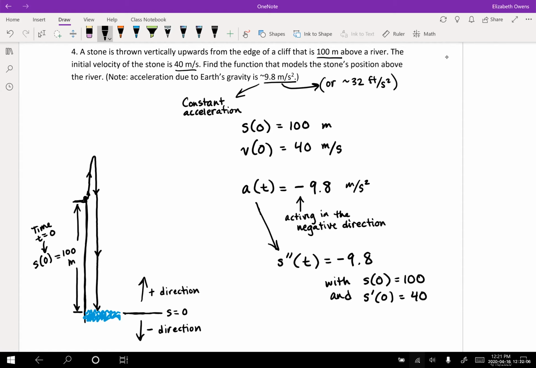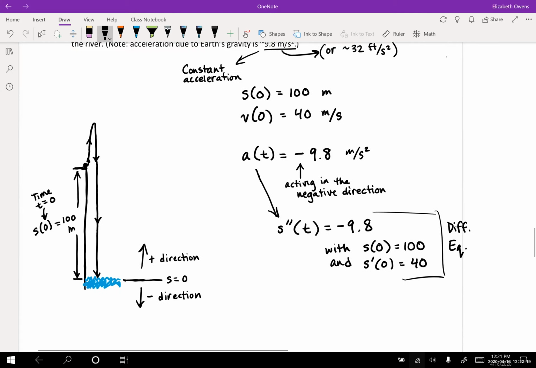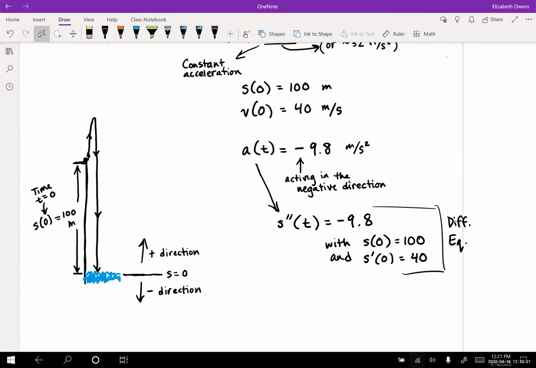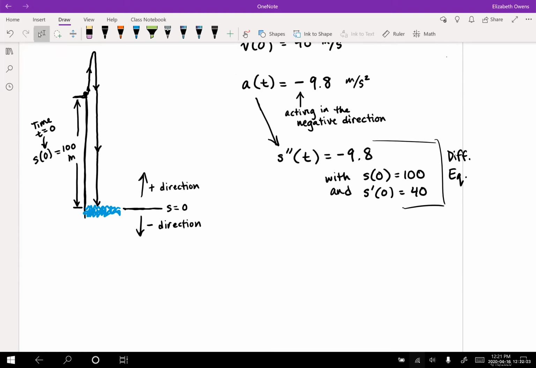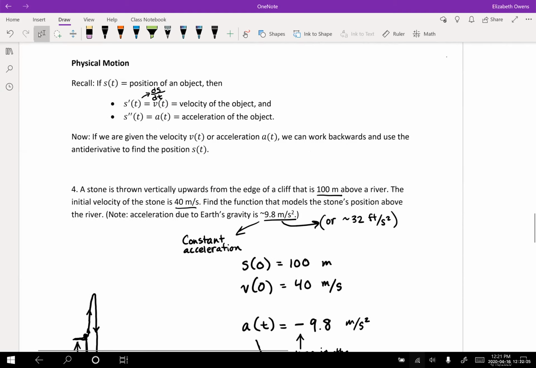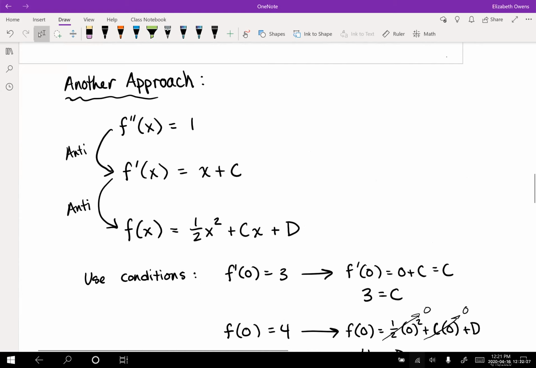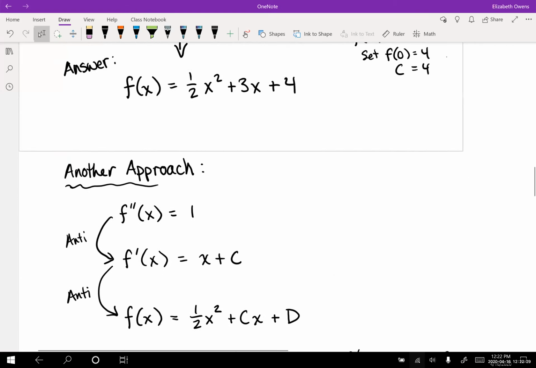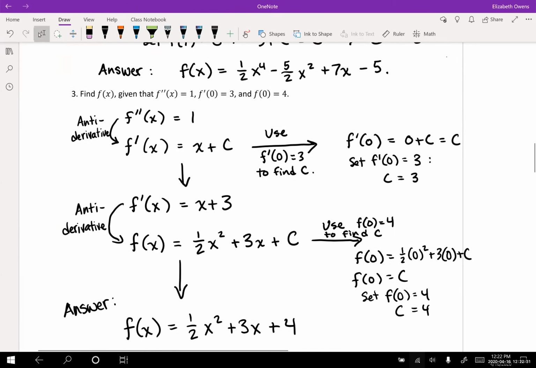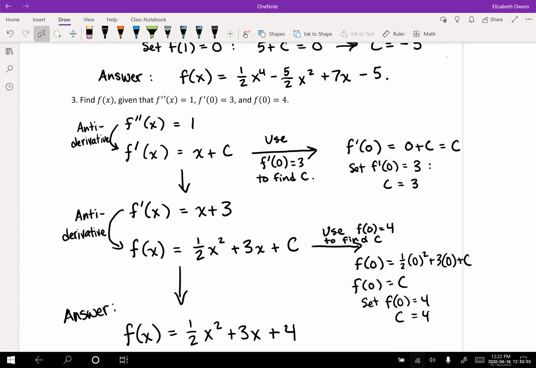Okay, so this together makes up our differential equation, or diff EQ for short. So we're going to solve this in the way that we were just doing for that second differential equation problem. We could use this secondary approach here, or we could find our constants as we go through.